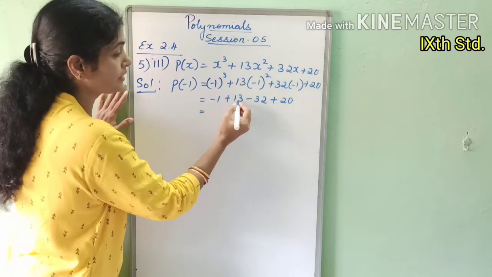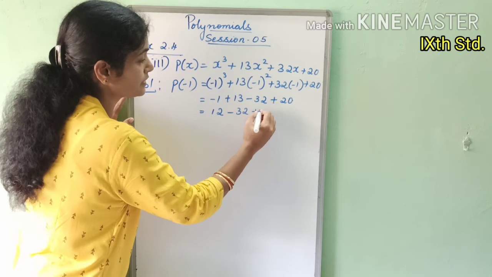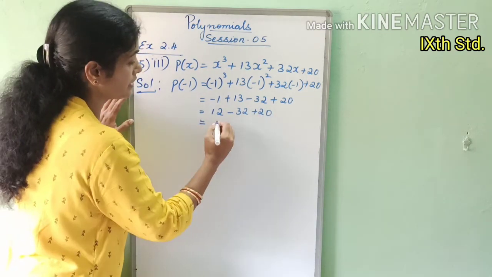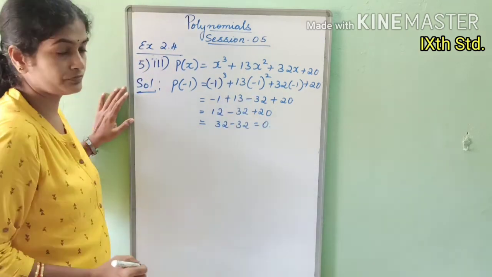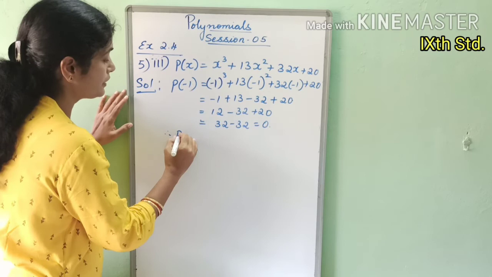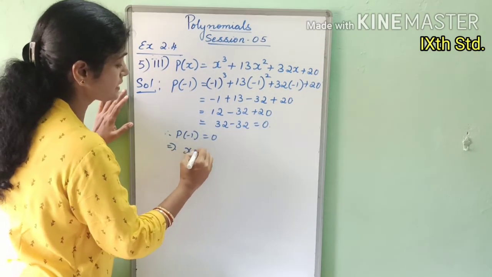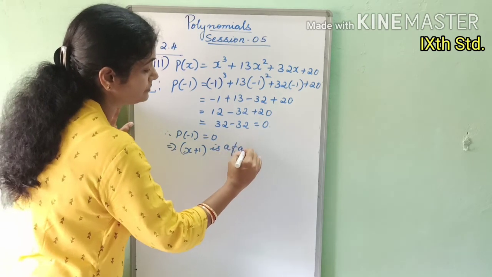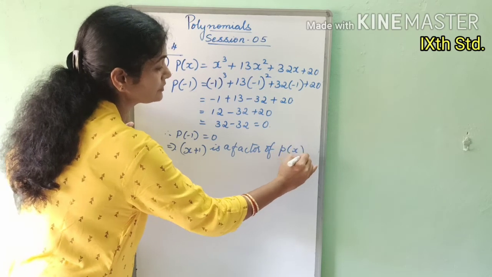So minus 1 plus 13 is 12, minus 32 plus 20. Right? So 12 plus 20 is 32, minus 32 is 0. Therefore, P of minus 1 equal to 0 implies x plus 1 is a factor of p of x, right?